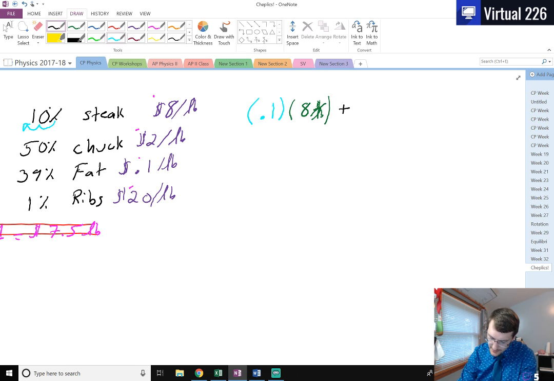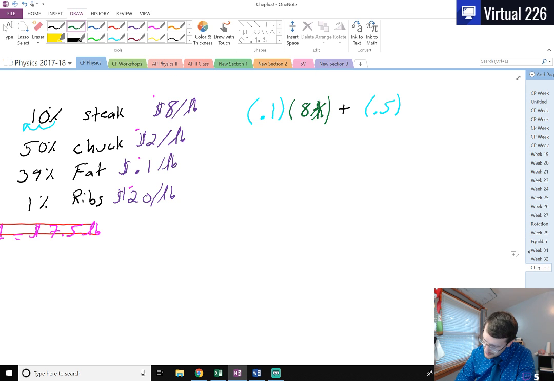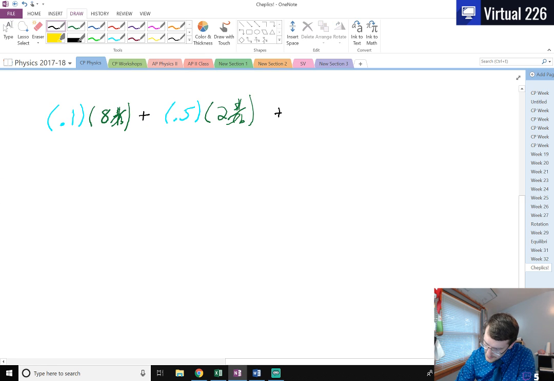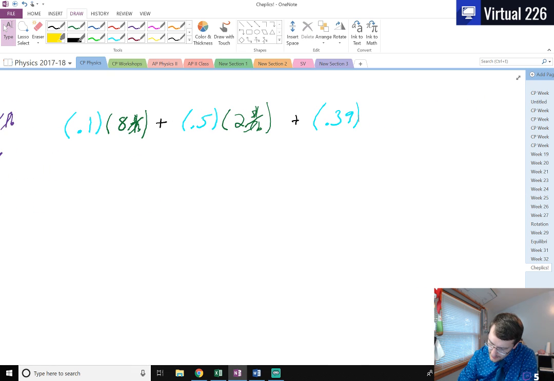Same idea with the chuck. We can take the chuck, 50%, 0.5, and multiply it times the cost of the chuck, which is $2 a pound. If we continue this, we can say plus the fat. 39% of our cow is fat, as we see right there, and it's coming in at $0.1 per pound.